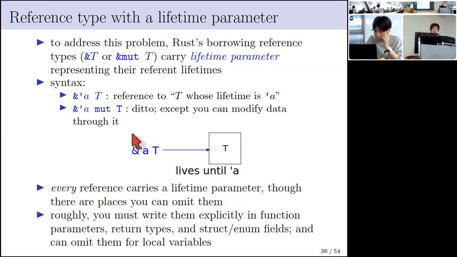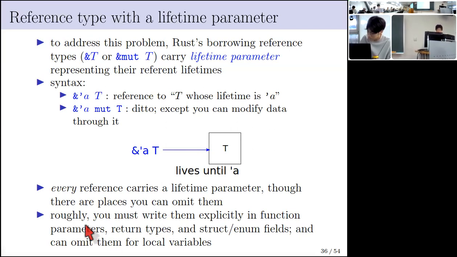But at other times, you have to explicitly say the lifetime parameter is tick a, or tick b, or something like that. Basically, you have to write them wherever they are needed. But roughly speaking, you must write them explicitly in function parameters.